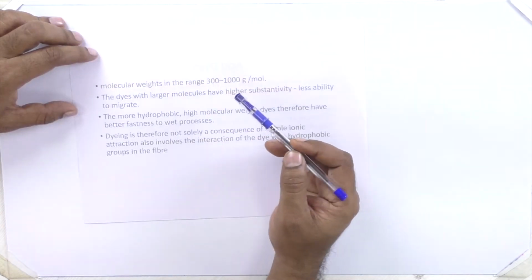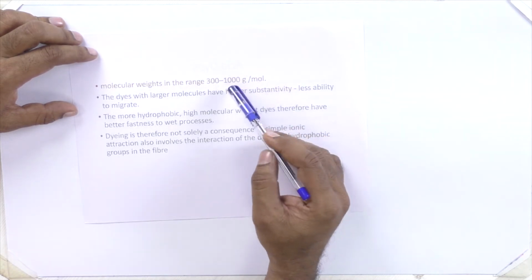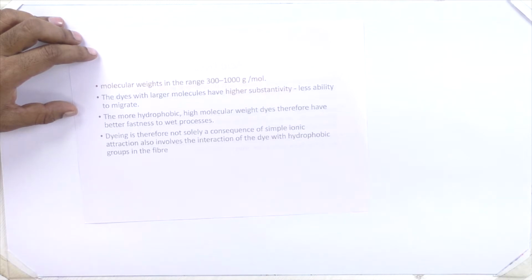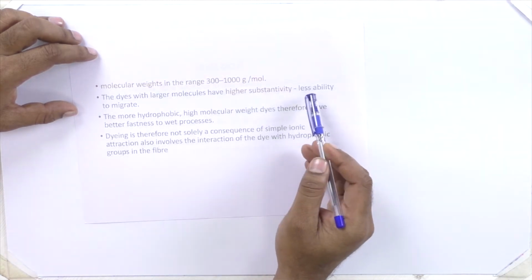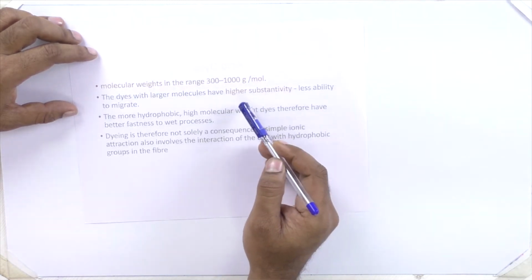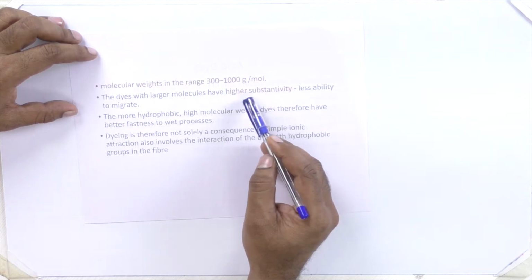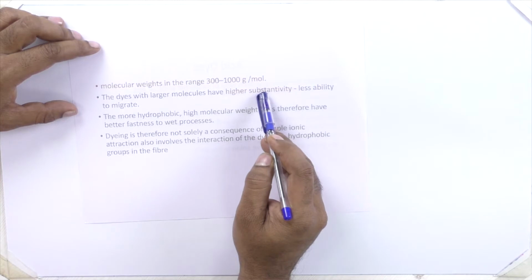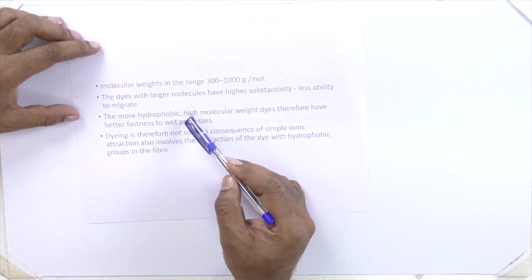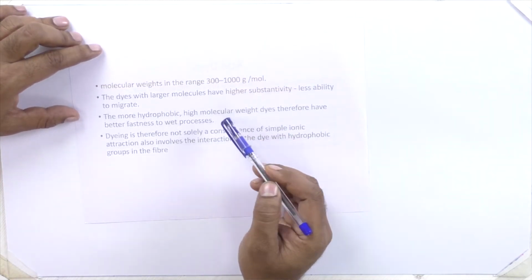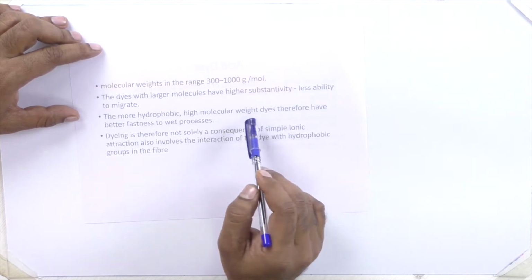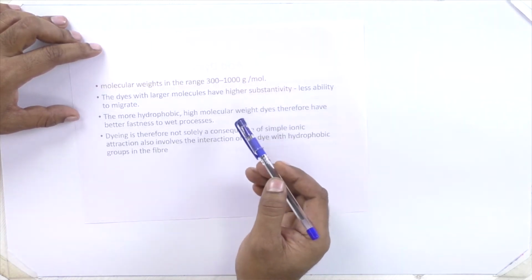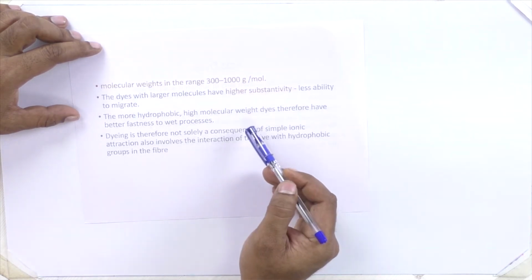The molecular weight of the acid dyes ranges from 300 to 1000 grams per mole. The larger molecules have higher substantivity and less ability to migrate. So the exhaustion percentage of the higher molecular weight dyes will be very low, and more hydrophobic and higher molecular weight dyes, that means bigger dyes, will have better fastness to washing and less migration.